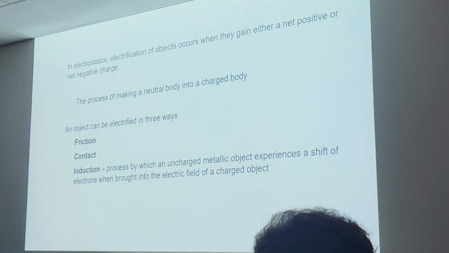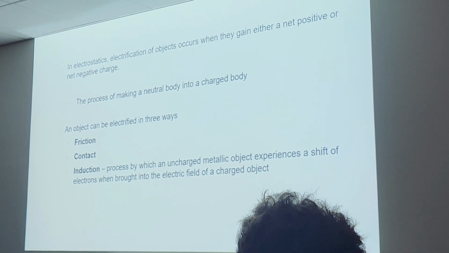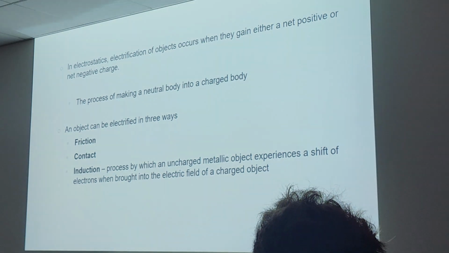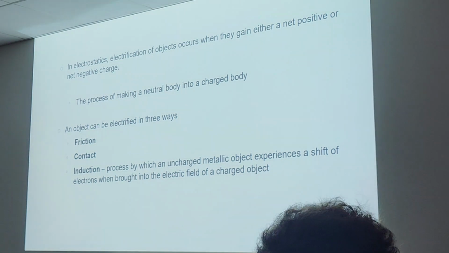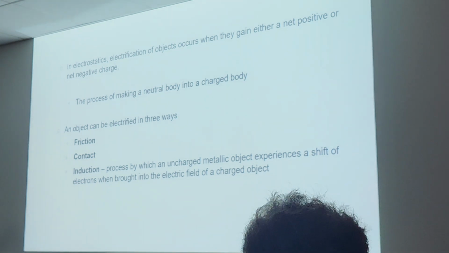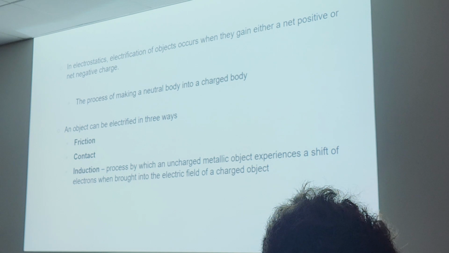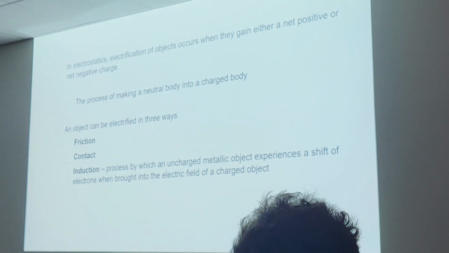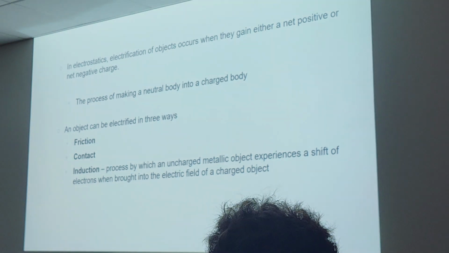There are 3 ways you can electrify something: friction, contact, or induction. Induction is a process by which an uncharged metallic object, any metallic object, experiences a shift in the electrons when it's brought into the electric field of a charged object, and we'll go into what that means.